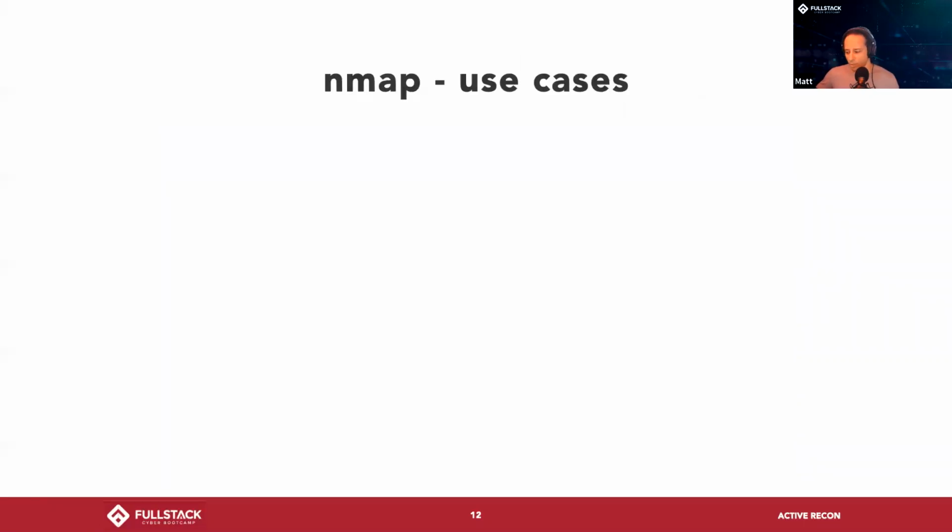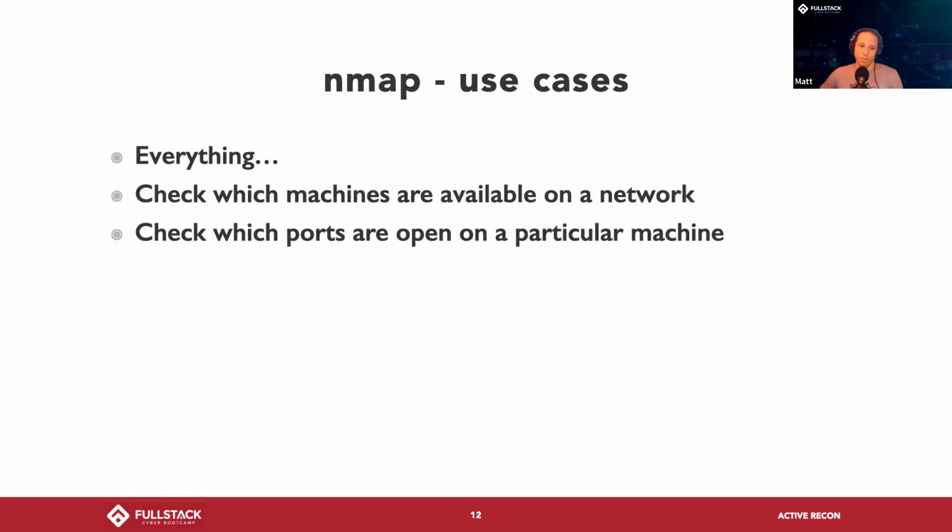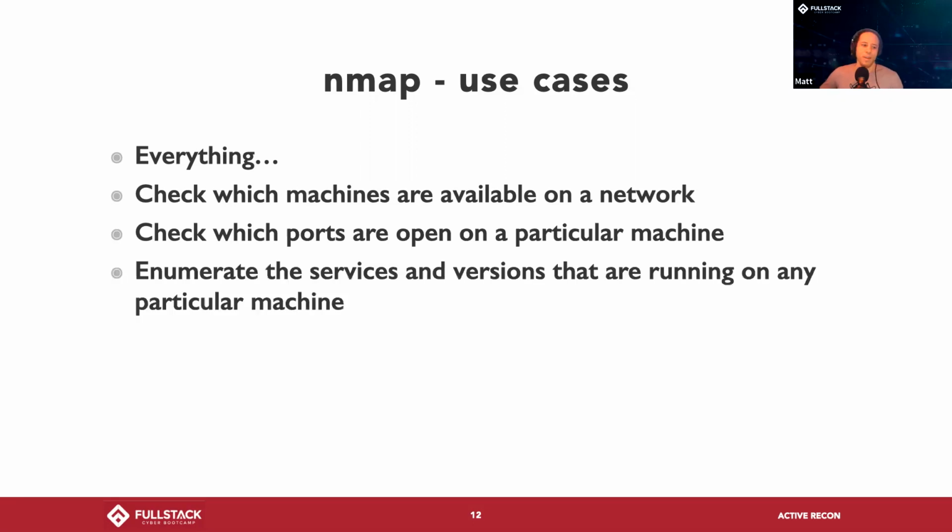Okay, so when do we use Nmap? Pretty much for everything. Nmap is going to be our eyes in this network, right? We can't see anything, but Nmap can see for us. We're going to check which machines are available with Nmap. We're going to check which ports are open. We're going to enumerate those services and what versions are running on them.